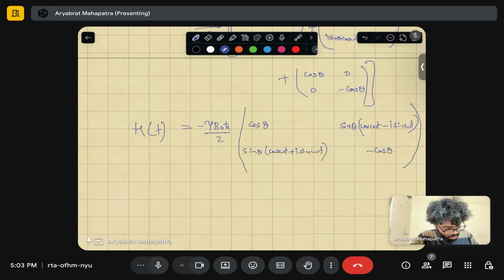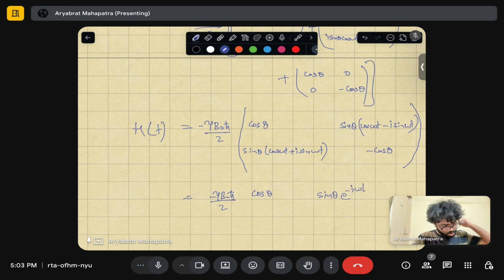So yeah, and then from here I can simplify a little bit to write it in this form: minus gamma B naught h bar over 2, cos theta, and this is sin theta exponential of minus i omega t.